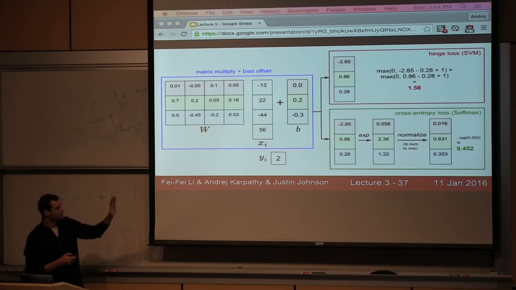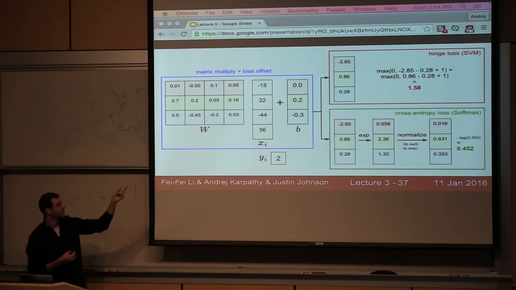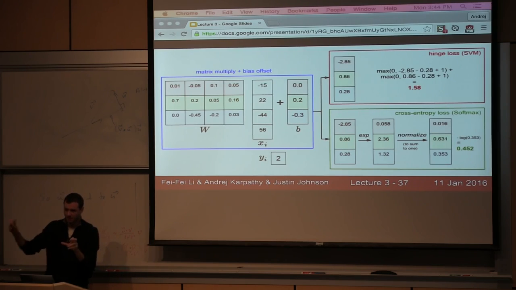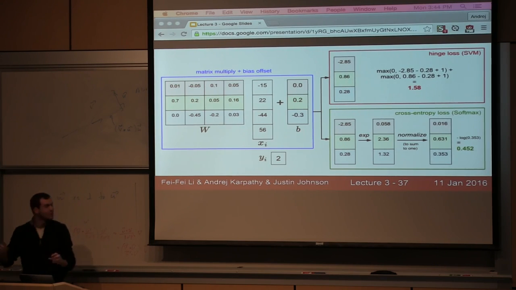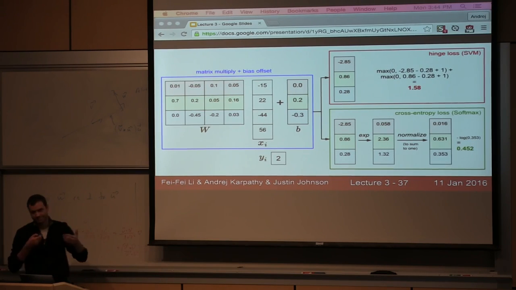With this, you're getting these scores out, and it's up to you to endow them with interpretation, right? We can have different losses. In this specific case, I showed you multi-class SVM. There are in fact multiple versions of a multi-class SVM. You can fiddle around with exactly the loss expression. One of the interpretations we can put on the scores is that they're unnormalized log probabilities.